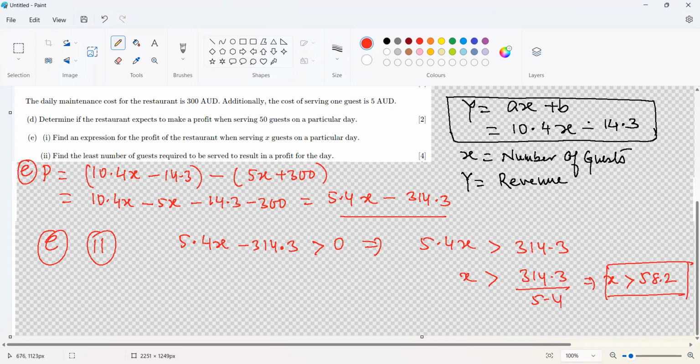We are talking about the number of guests, so the least number of guests to obtain profit is equal to 59 guests. At least we need to serve 59 guests to obtain profit. Are you getting this? Yeah.